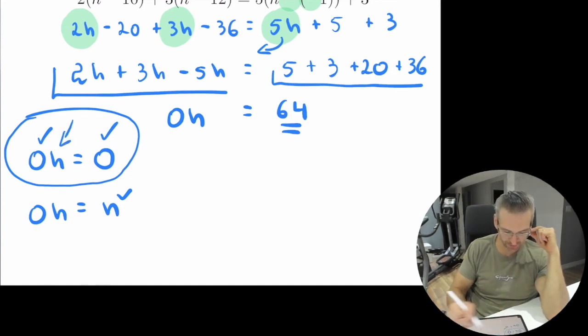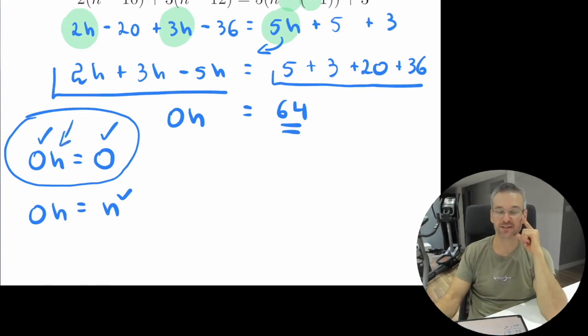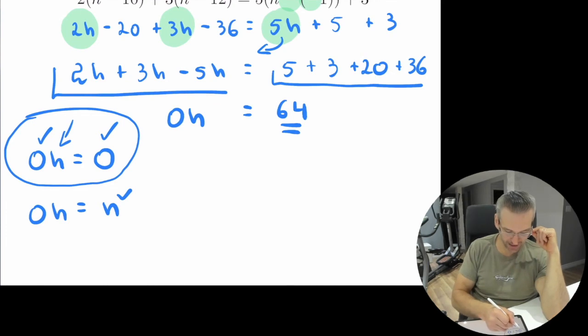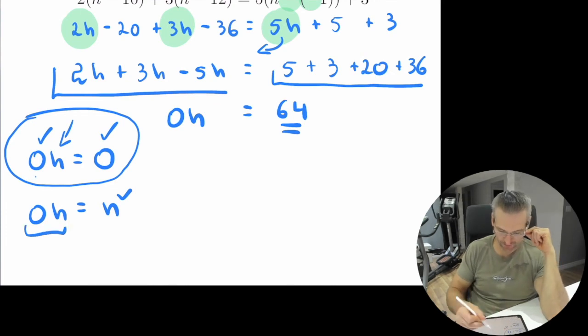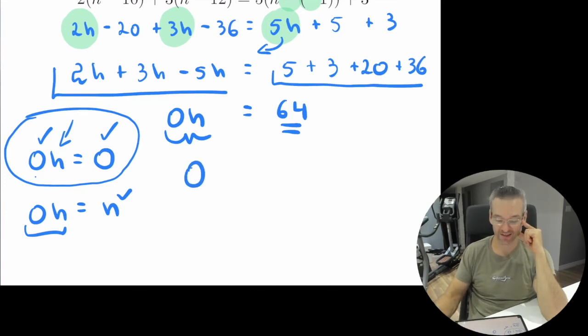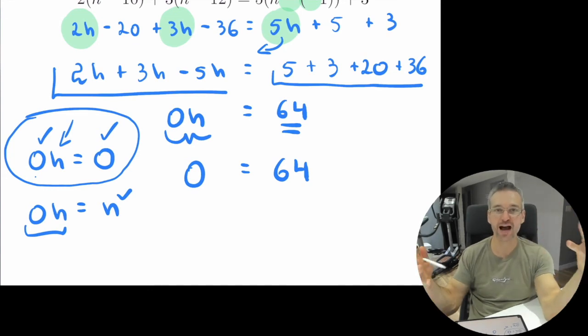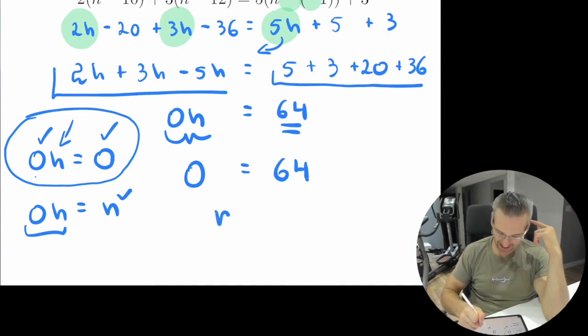Because whatever you substitute for h, let's say 5, minus 100, 2/3, whatever, and you multiply it by 0, you always get 0. So this always equals 0. And what this is saying is 0 equals 64 on this side, which can never happen. So this has no solution.